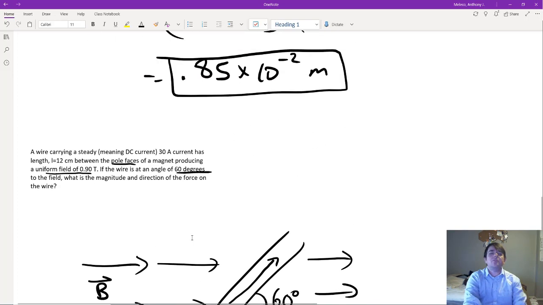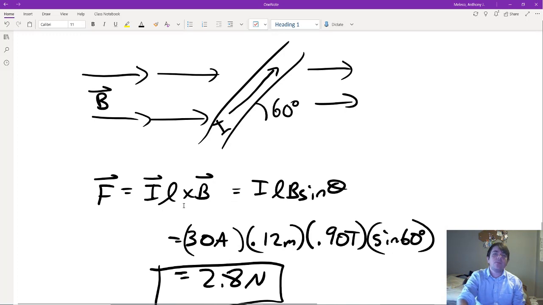Okay, so now we need direction. Now everything that we've done up until this point, the direction has been, everything's been perpendicular, right? But it works for 60 degrees too. So how this works is, again, you do the same thing.